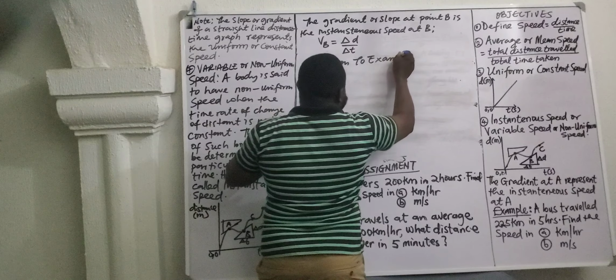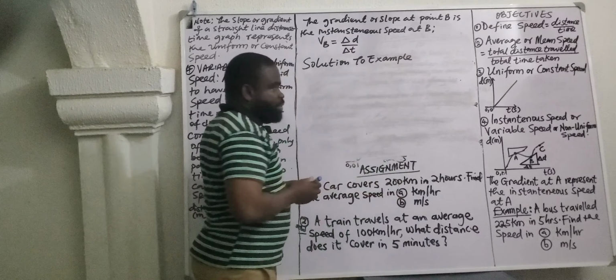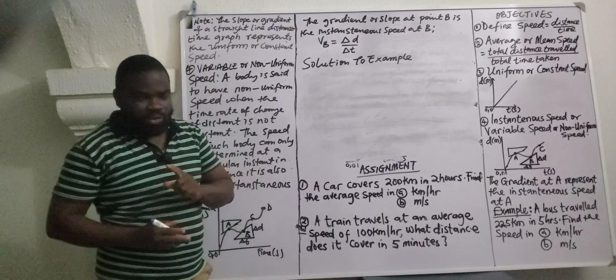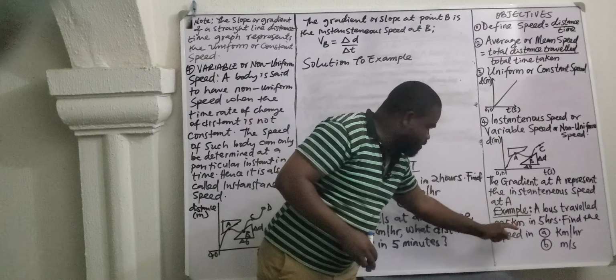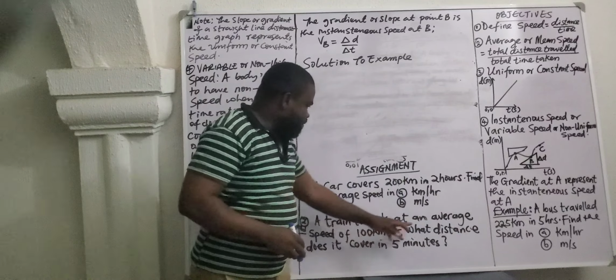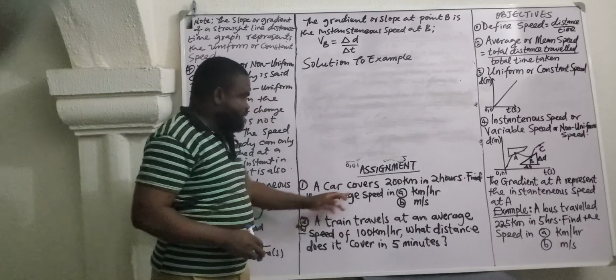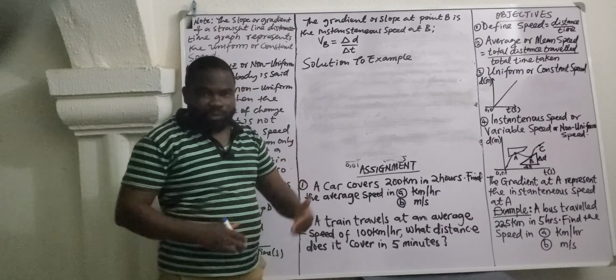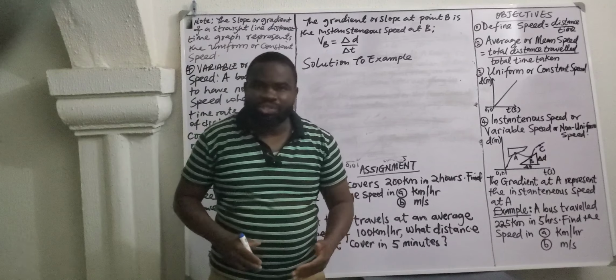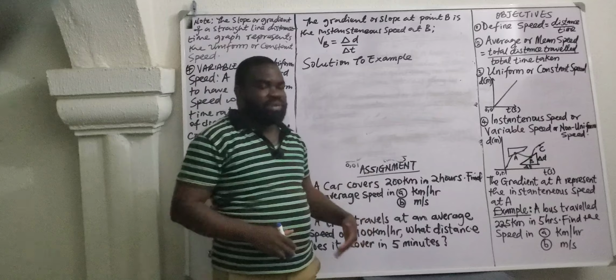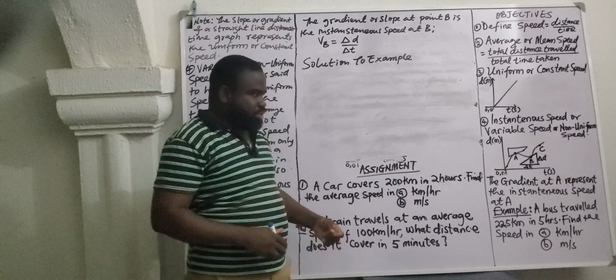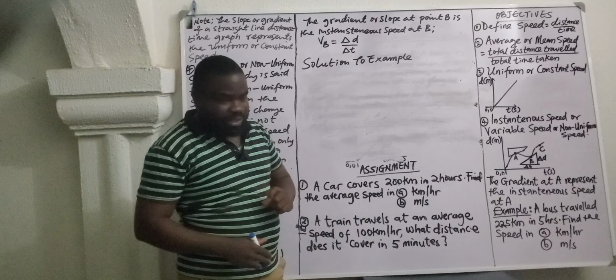Now I want to sum up these points that you need to know. Whether the question is saying speed or average speed, as you have in this assignment here, they all refer to what? Speed. And I told you they have similar formula and similar what? SI unit. I hope you get that point.